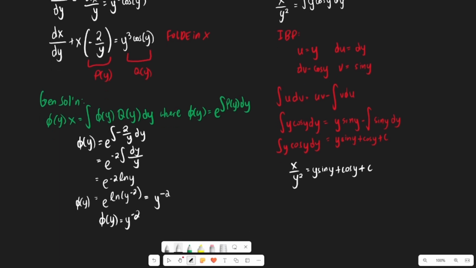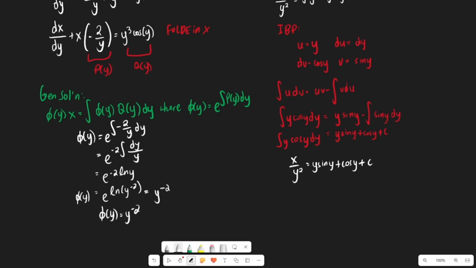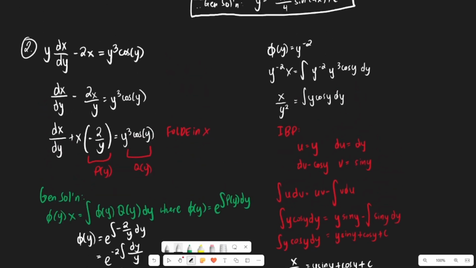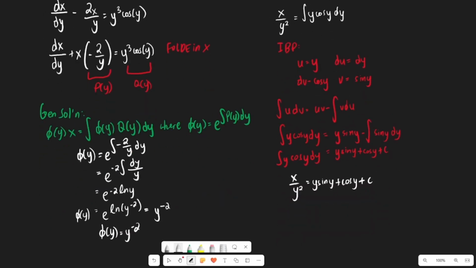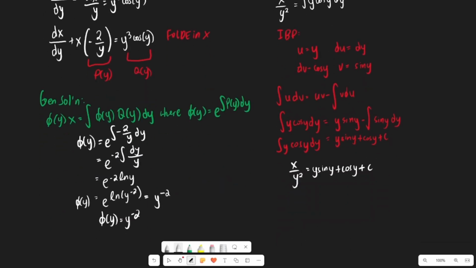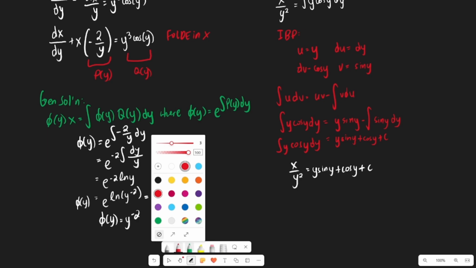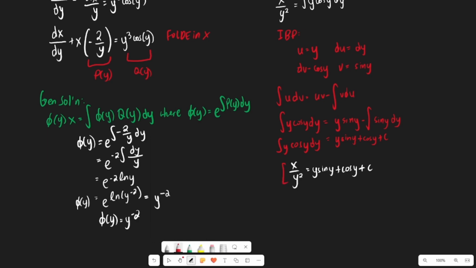Now our goal here is to first isolate x, since this is a first order linear differential equation in x. One of the things that we can do, but not necessarily have to do, is isolate x. In order to isolate x, we multiply both sides by y squared.